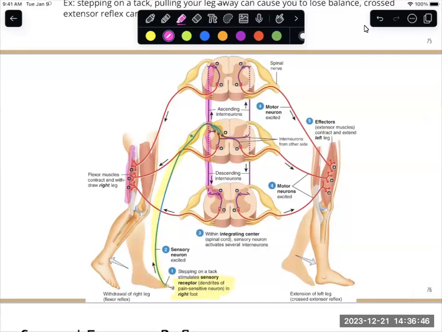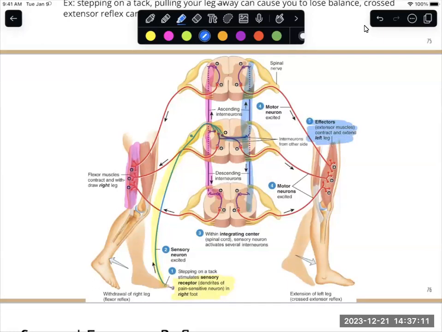So those hamstrings on that same leg will contract to pull your foot away. But here's the interesting part. This information also needs to go to the other side of the spinal cord. So it goes through that gray commissure in the middle. Then it's going to travel up and down to those effectors on the opposite leg.